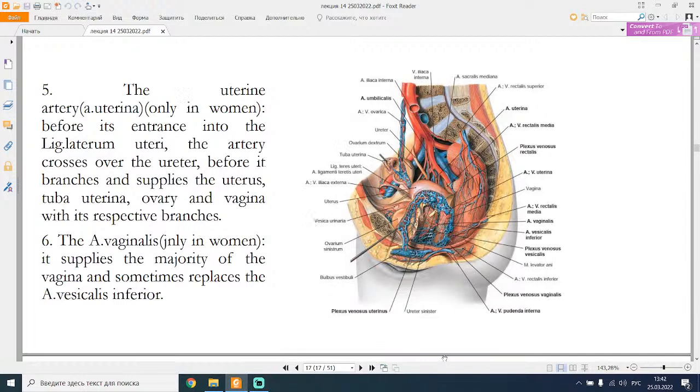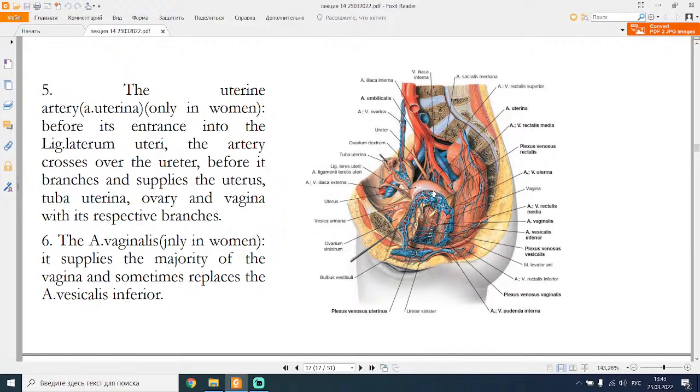Next branches, the uterine artery, arteria uterina.